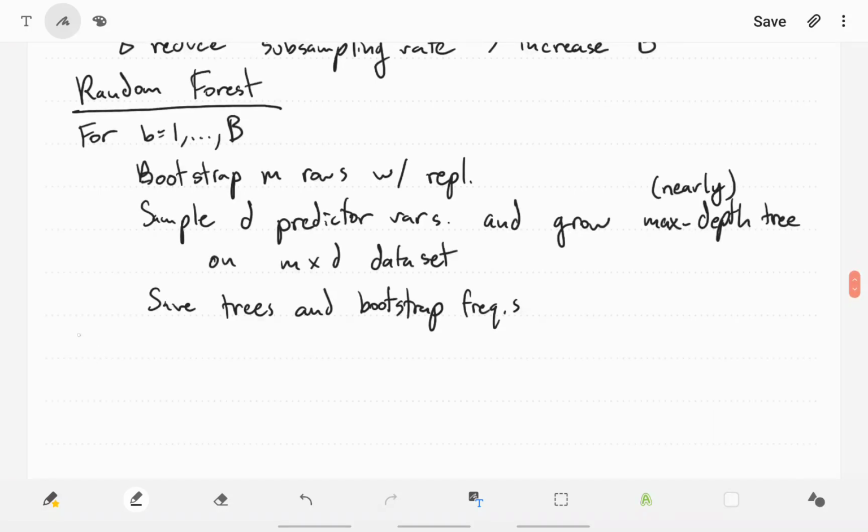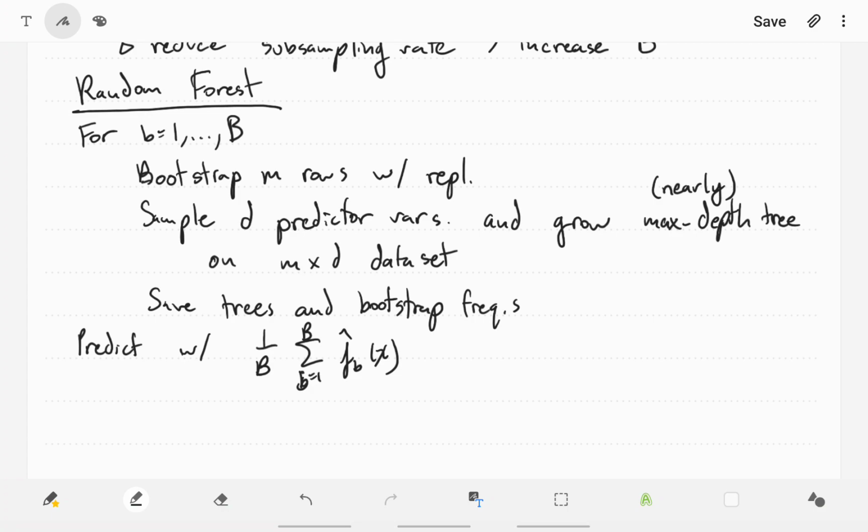And then at the end, we predict with our aggregate: 1 over capital B, the sum over little b equals 1 to capital B of f hat sub b of x. We have a bunch of trees, so we can predict, and we can just average the predictions.